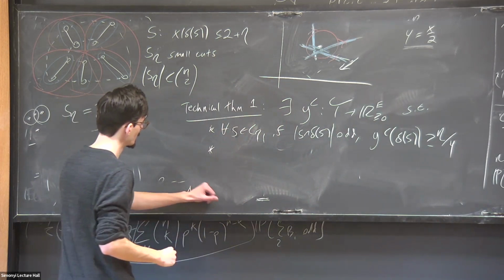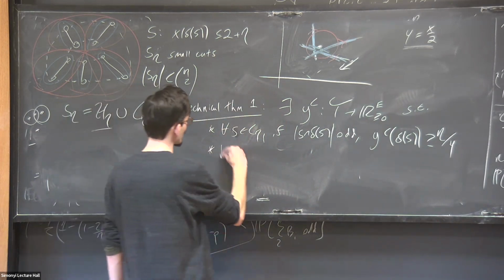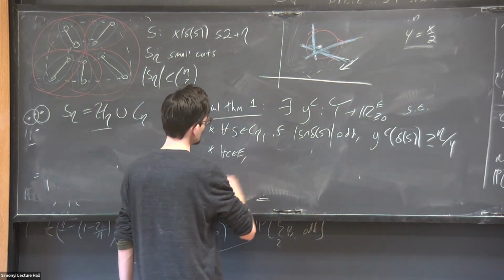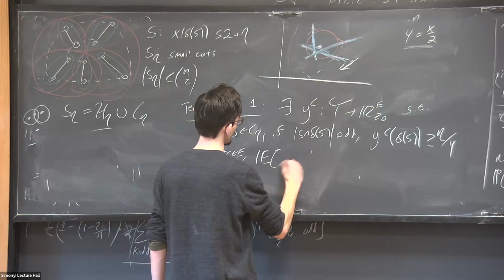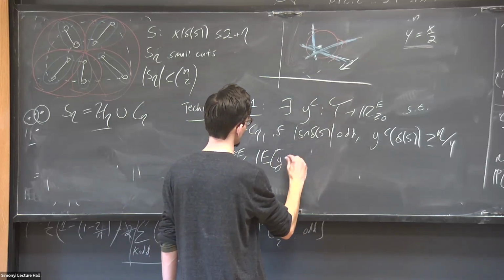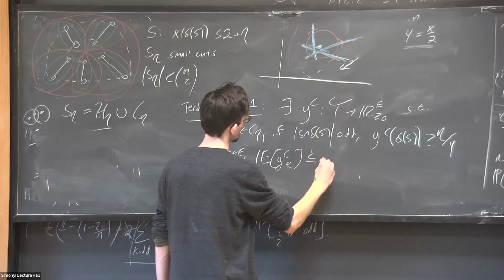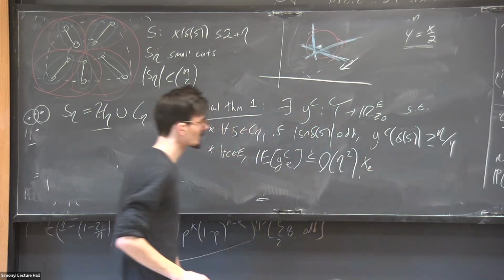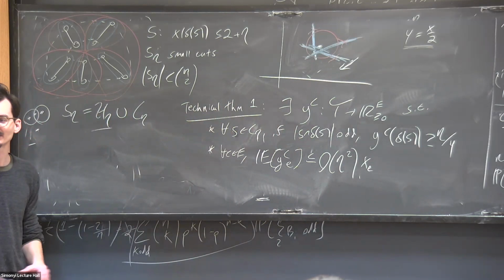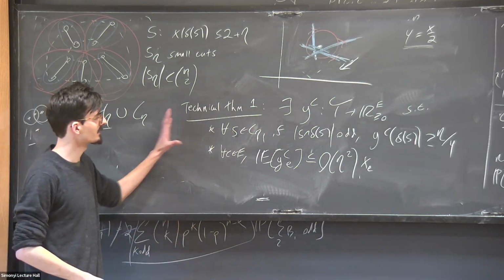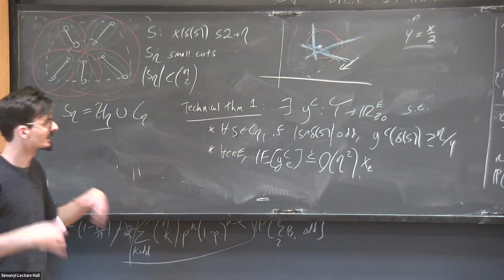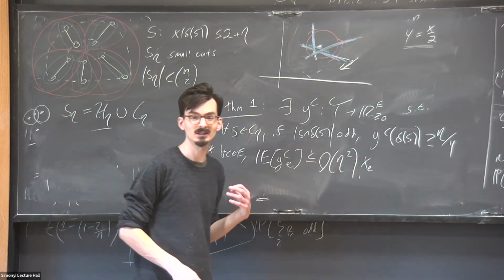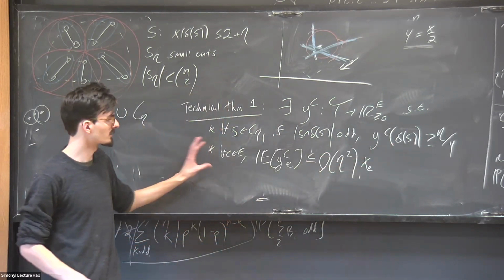The second thing we're going to prove is that for all edges, the expected value of y_c of e is very small, at most order of eta squared times x_e. This vector, we can think of as boosting the value of the odd crossing cuts in the T-join while remaining quite cheap.